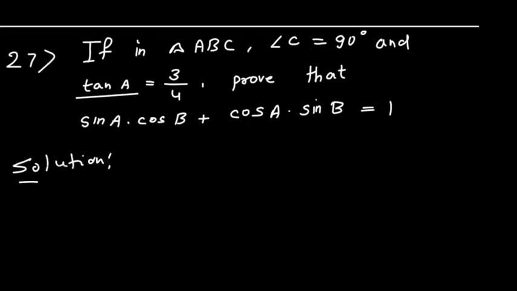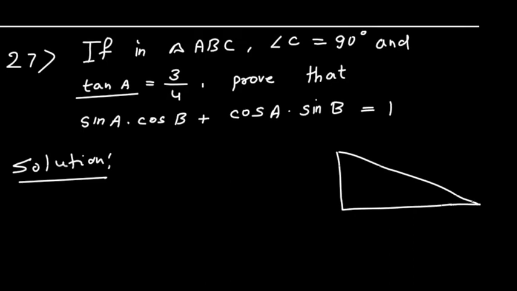We can use identity, or we can use a right angle triangle. So let us solve this problem by using a triangle. So this is the triangle, angle C is 90 degrees. So A, B, C like that, okay.